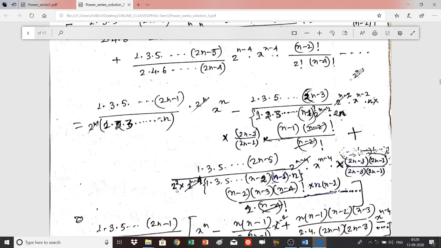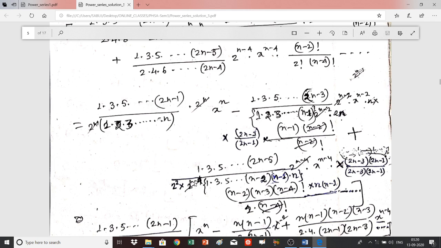And then come here 1 into 2, 2 into 2, 3 into 2 in this fashion. If you take 2 as a common term, it will be 2 into n minus 2. So 2 is multiplied here n minus 2 times. So I can write here 2 to the power n minus 2. Actually it should be 2 to the power n minus 2, but I write here 2 to the power n minus 4.